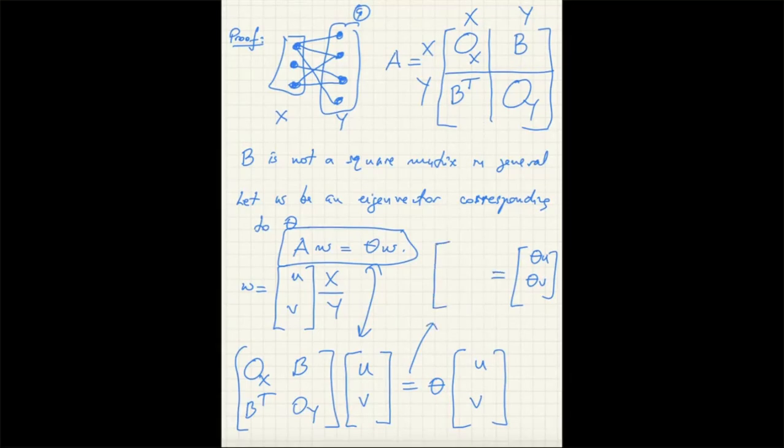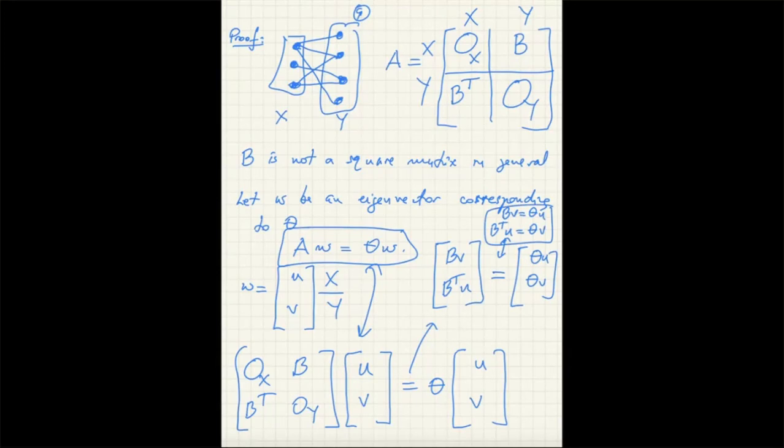We get the first row, 0 B meets the U V, so that gives me B V. And the second one is B transpose 0 meets U V, so I get B transpose U. And these two vectors are the same. That means that B V equals theta U and B transpose U equals theta V.